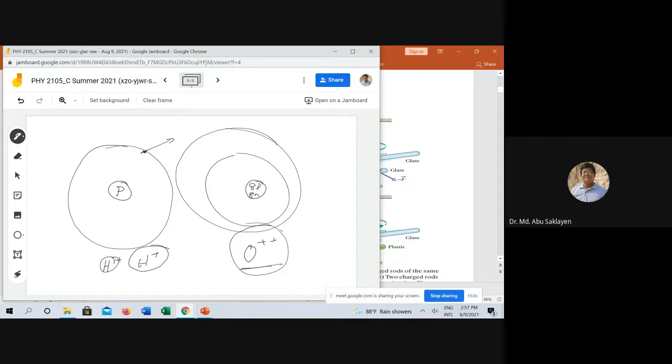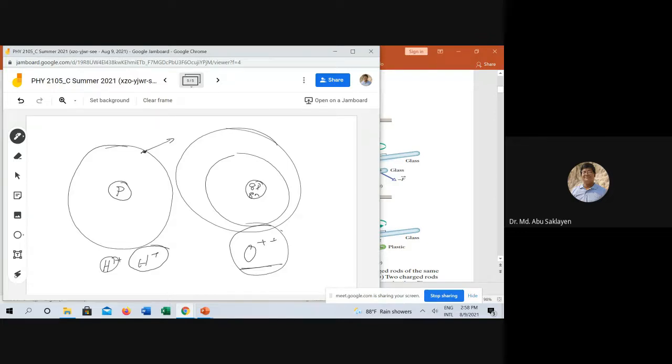And how do you label them? How did we call them negative and positive? Long ago, maybe in the 18th century, Benjamin Franklin, an American scientist, labeled them using the algebraic signs plus and minus.